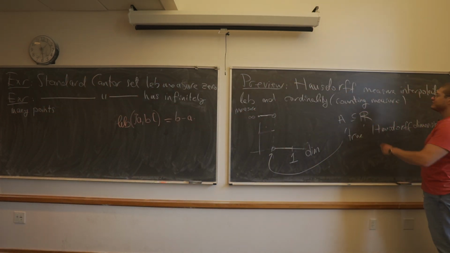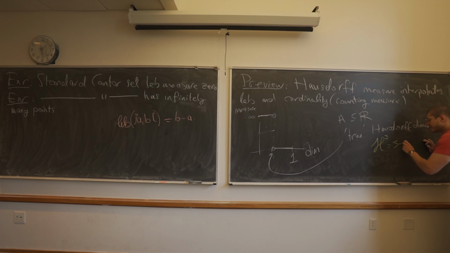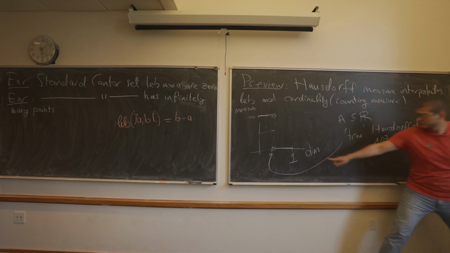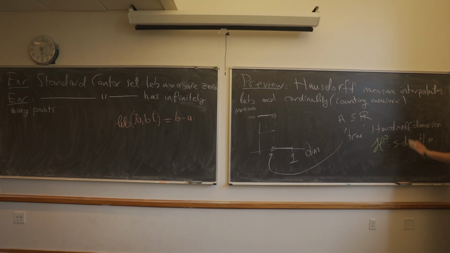This Hausdorff measure is really a family of measures. This is going to be the S-dimensional Hausdorff measure. It's a family. S is a real number. S varies here. Okay? I'm saying h to the 0 is cardinality, h to the 1 is Lebesgue, h to the 2 is two-dimensional volume, area, and so on.